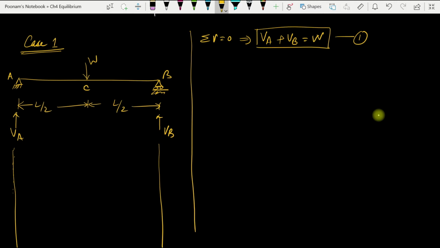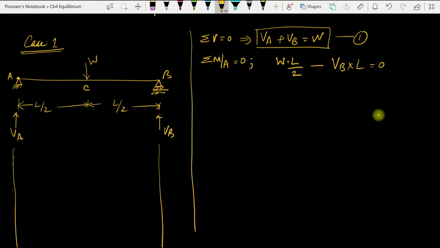In order to write the second equation, I'll use the second equation of equilibrium, and I'll take moment about point A equal to 0. So I'll get a clockwise moment due to W, so W into L by 2, taking clockwise moments as positive, minus anti-clockwise moment due to VB, so VB into L, is equal to 0.